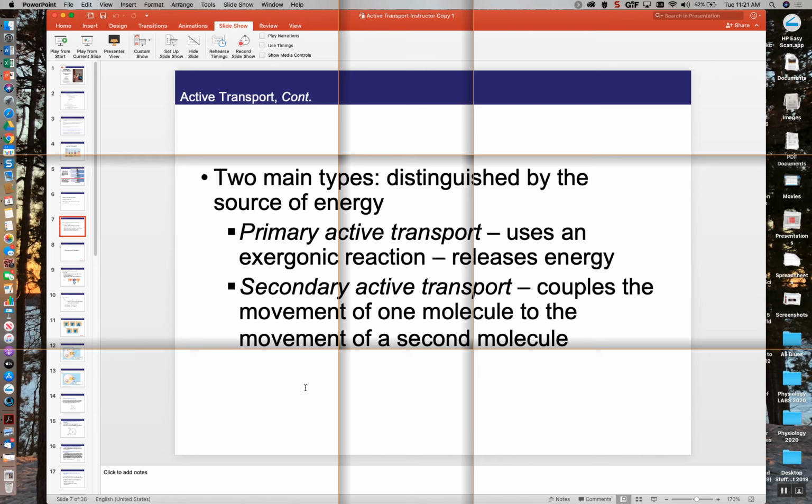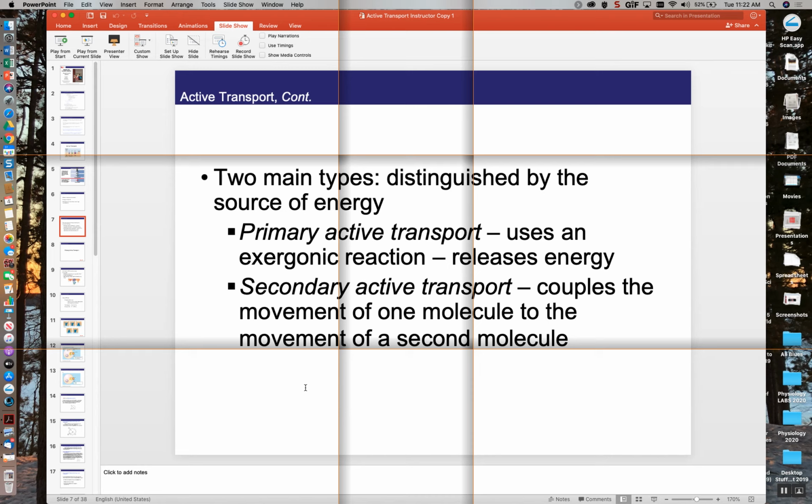Exergonic reaction. Secondary active transport couples the movement of one molecule to the movement of another molecule. So it uses a lot of times the sodium gradient. Sodium moves down its concentration gradient, and then it moves another molecule against its concentration gradient. So let's concentrate on primary active transporters first.